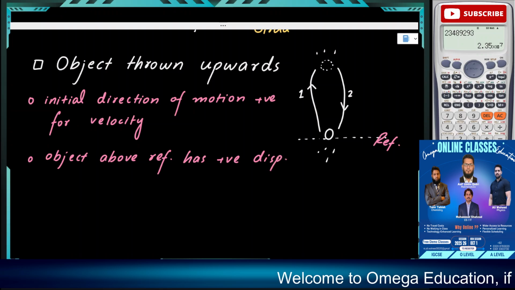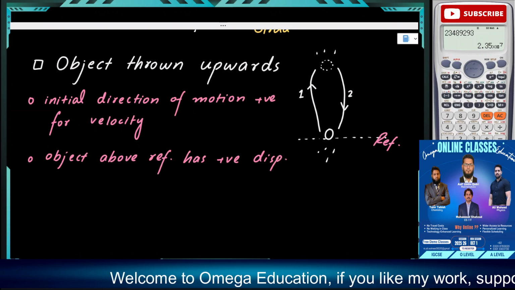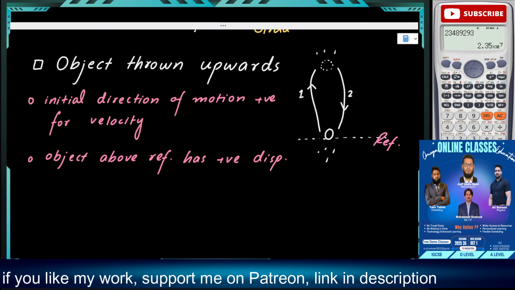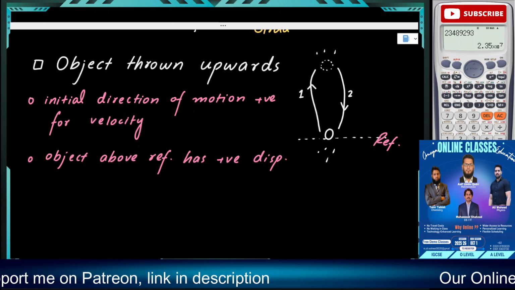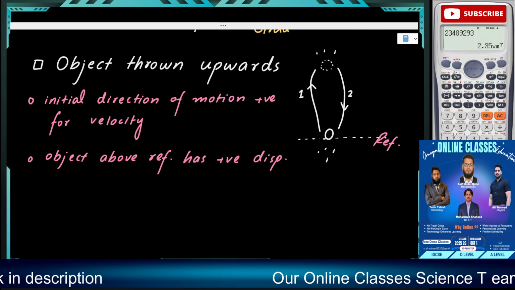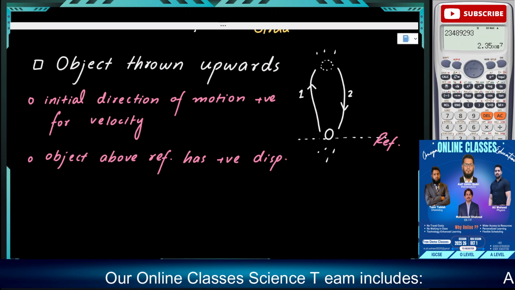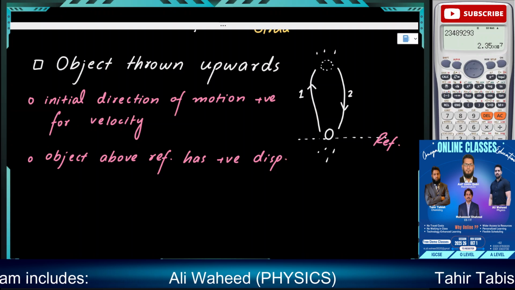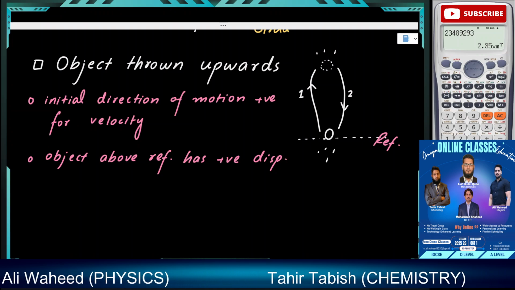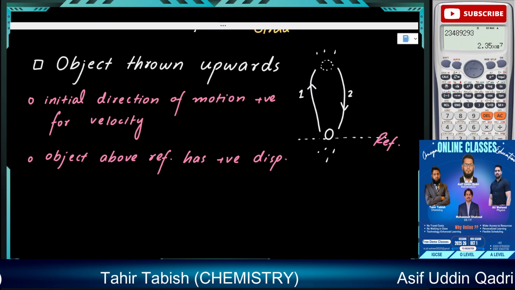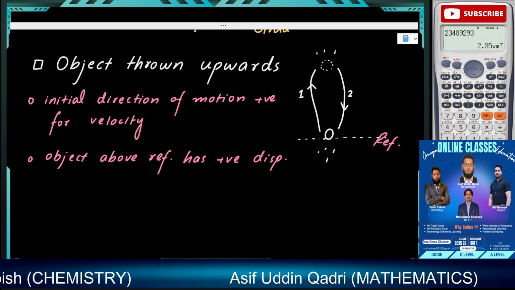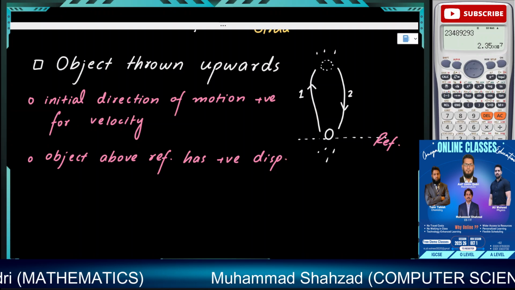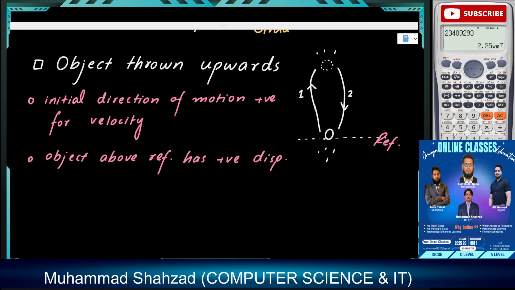This is what the convention is. Why do I have this convention? I have taken this depending on the initial conditions. Initially, in the first part, the ball is thrown upward, so I say upward velocity is positive. When it comes downward, then the velocity would be negative. And since the object remains above the reference point, if it is above the reference point, then displacement is positive. Let us draw the graphs now.